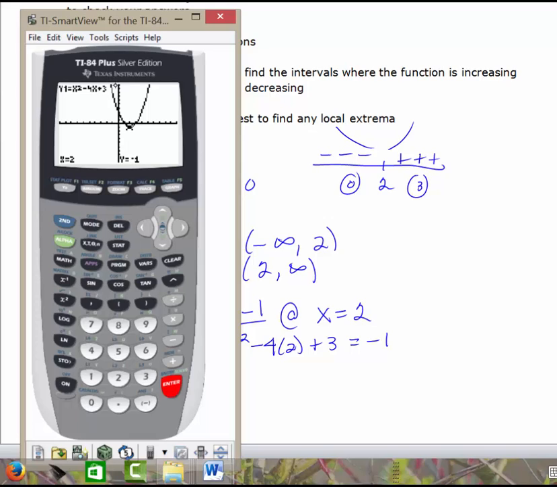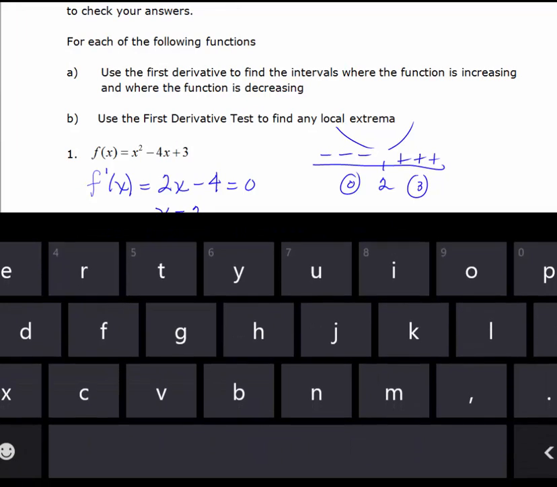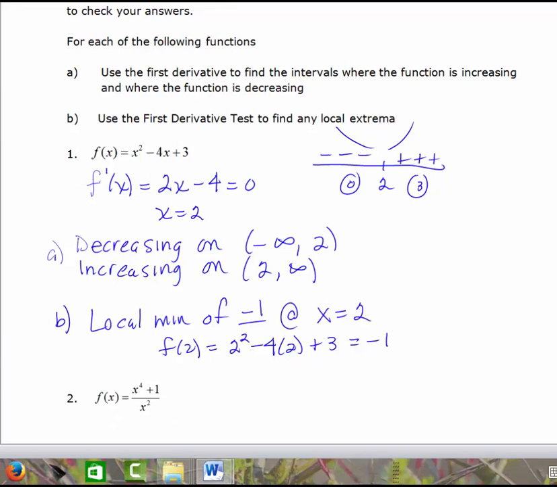We are decreasing from negative infinity to 2 and from 2 to infinity. Now the reason why we don't need calculus for a parabola is because we already have the vertex formula. I'm not sure if you guys remember the vertex formula, but the x-coordinate of a vertex is equal to negative b over 2a, and the y-coordinate is f of negative b over 2a.